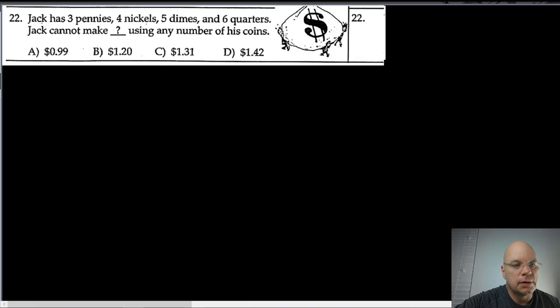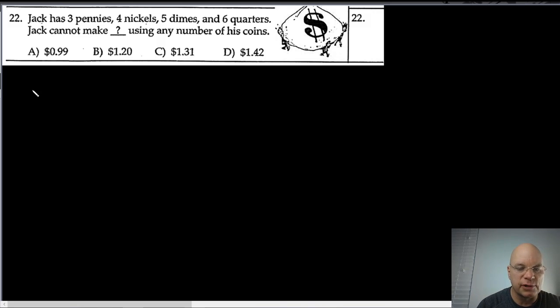Problem 22. Jack has 3 pennies, 4 nickels, 5 dimes, and 6 quarters. Jack cannot make which of the following amounts using any number of his coins. This one's pretty fast if you realize something.